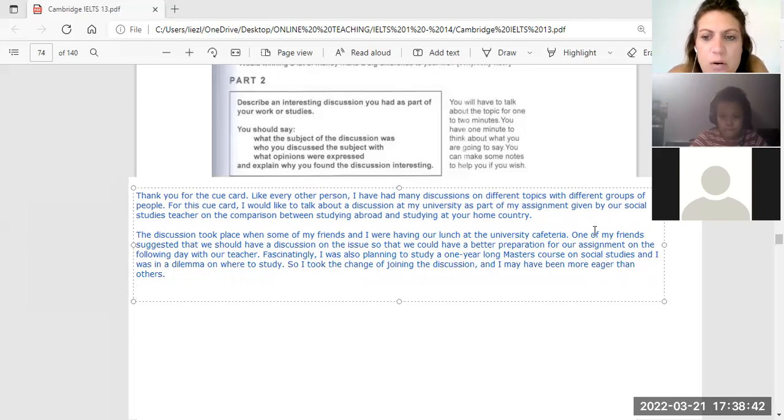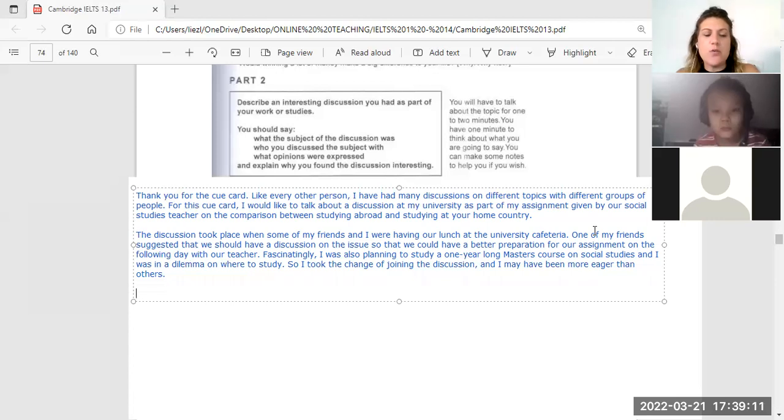Now you can say here, one of my friends suggested that we should have a discussion on the issue so that we could have a better preparation for our assignment on the following day with our teacher. Fascinatingly, I was also planning to study a 1-year-long master's course on social studies and was in a dilemma on where to study. So I took a chance to join the discussion and I may have been more eager than others.